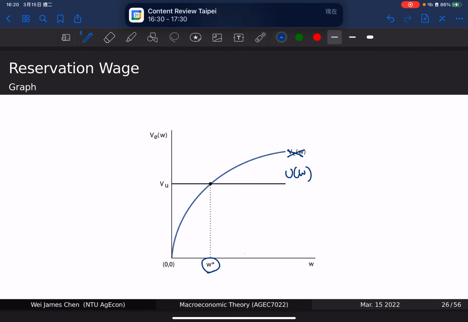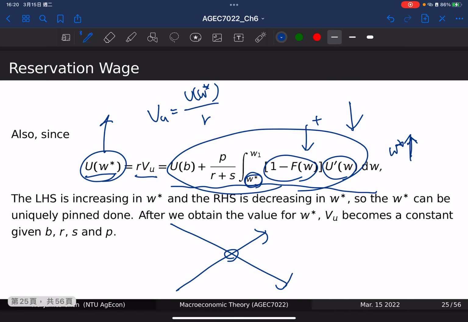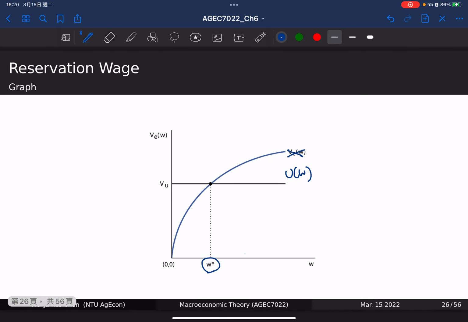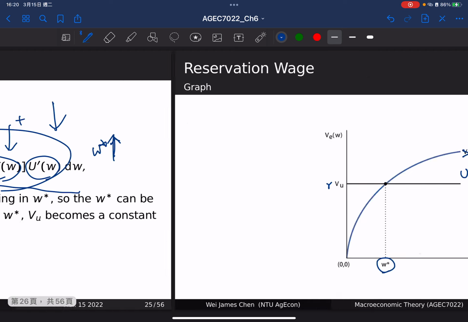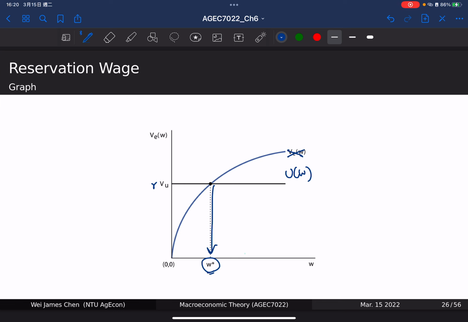For any w level, VU is a constant. When will r VU, or VU, it doesn't really matter, meet u of w? That's when w equals w star.